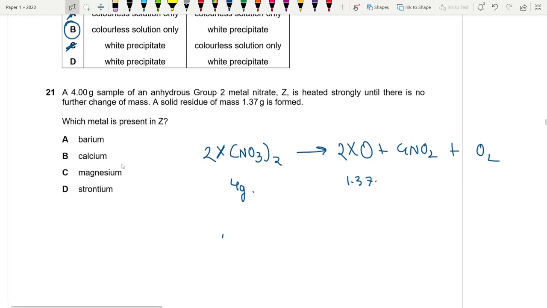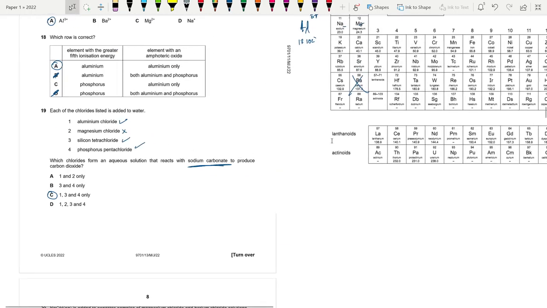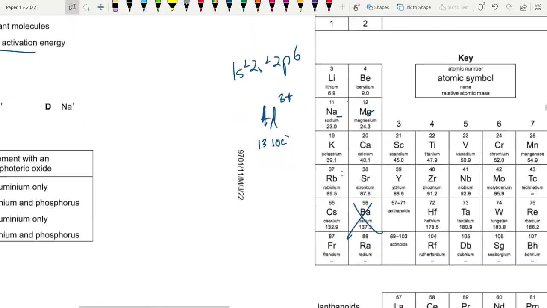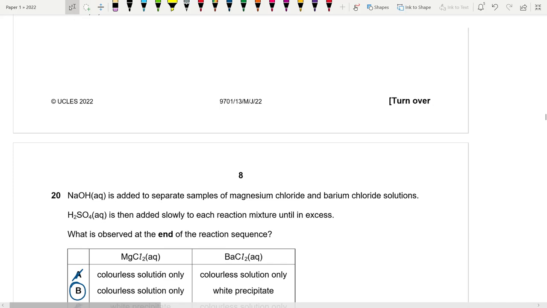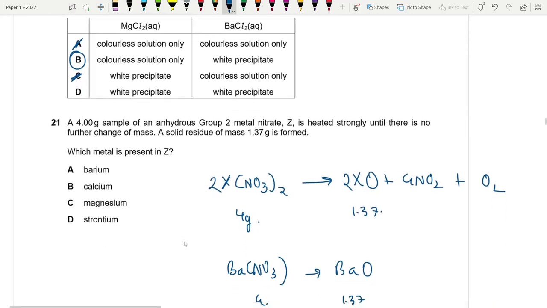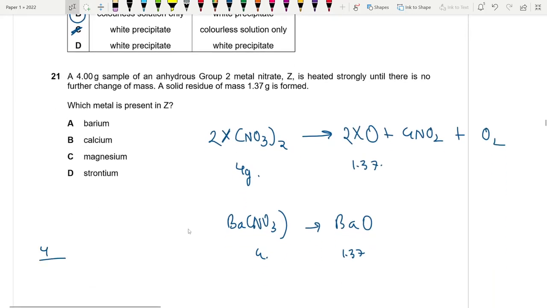So what if we had barium nitrate? Do we end up with this? Let's see. Barium has an Ar of 137.3. So 4 divided by 137.3 plus nitrate, which is 14 plus 16 plus 16 plus 16, 62, times 2, 124.